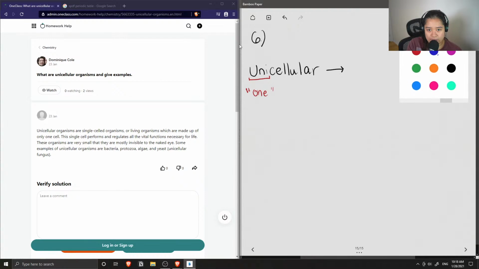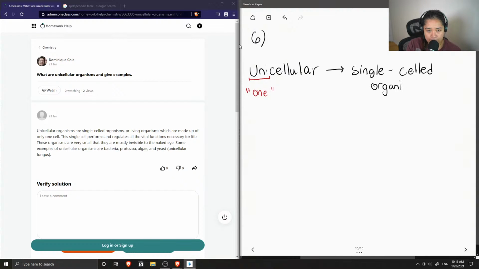So therefore, unicellular means a single-celled organism. So these single-celled organisms are able to perform vital functions that are necessary for life.